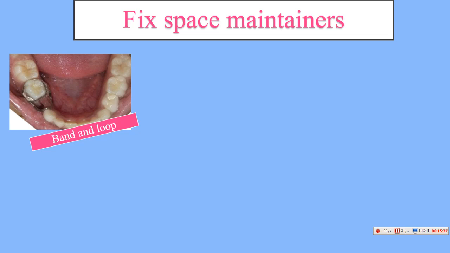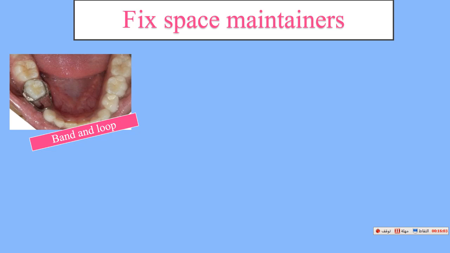Also, the disadvantage is it cannot be used for those patients with high caries activity or high caries teeth. This is the disadvantage of the space maintainer. Also, the requirement of the space maintainer is that it must be simple in construction, fixed, not interfere with the growth of the jaw and maintain the oral health as possible.